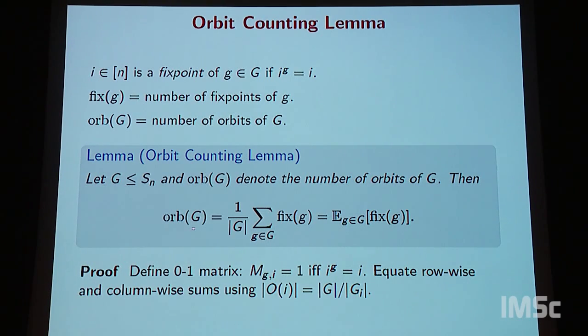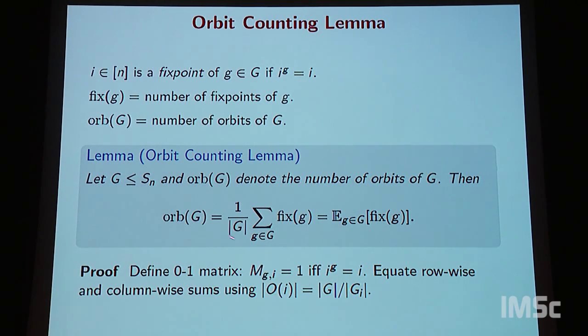And so here I have the sum of the cardinalities of the G sub i's, and the cardinality of G sub i is the cardinality of G divided by the cardinality of the orbit. And if I group all the terms appropriately, I will get the number of orbits on this side.